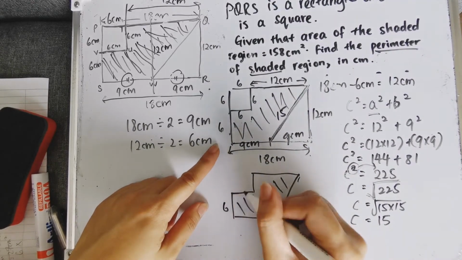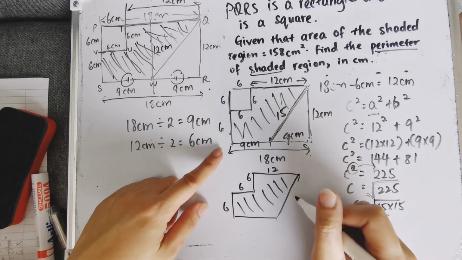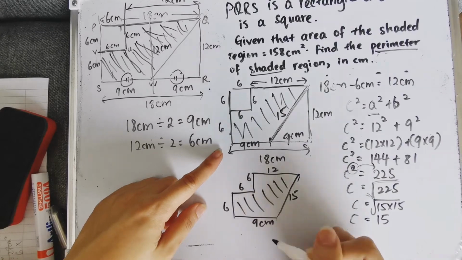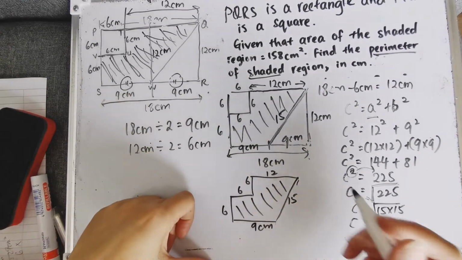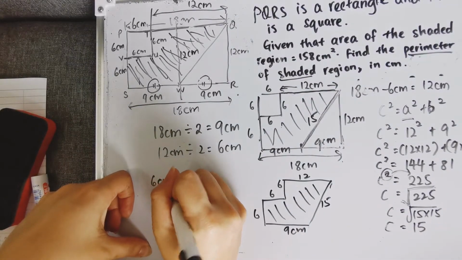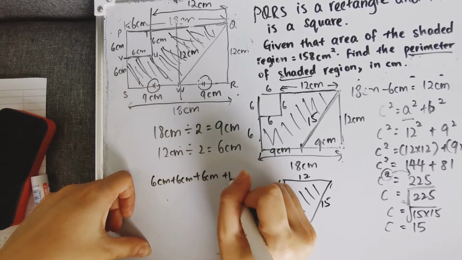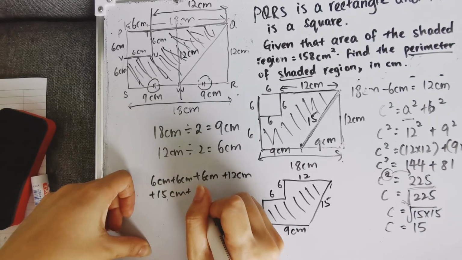So this is 6, 6, 6, this is 12, this is 15, this is 9. Okay, so you plus everything together. So 6 cm plus 6 cm plus 6 cm plus 12 cm plus 15 cm plus 9 cm.